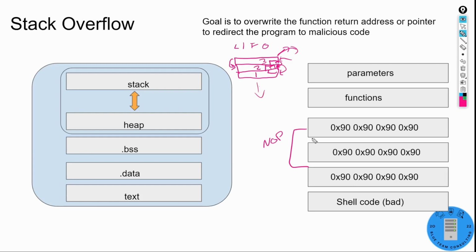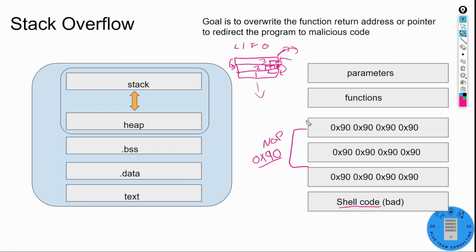So in most cases, a potential malicious actor would fill in the local variable segment with a no-op sled, which in hexadecimal is 0x90, and this is just blank. It's going to do no operation for the computer, and it will build this no-op sled very high within the stack and leave just enough room before the return address for their malicious code to execute down here, if we had malicious shellcode or something.